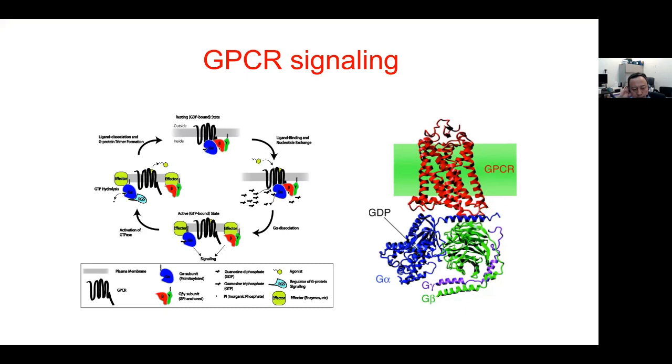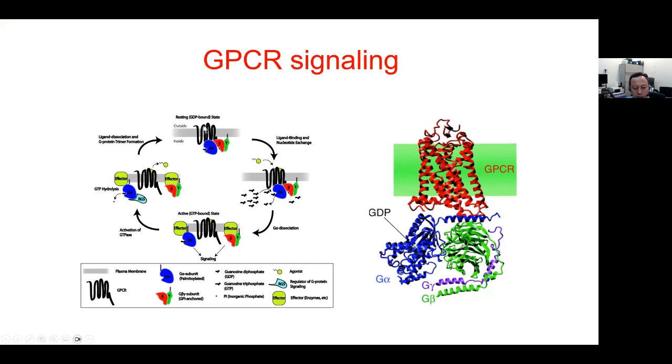Okay, in small molecule drug discovery, 30% of drugs target membrane receptors, which are G protein-coupled receptors. This is an example. It works by sensing extracellular information and passing that information inside the cell, so the cell can respond properly. The signaling cycle is like this.